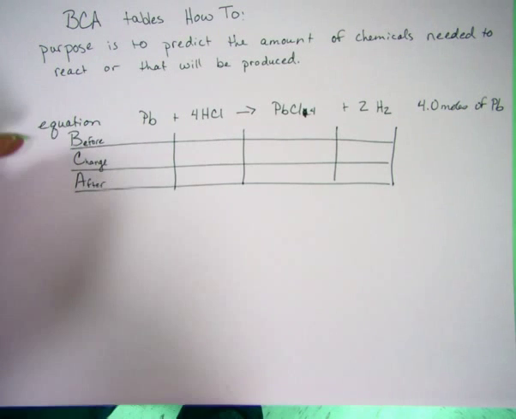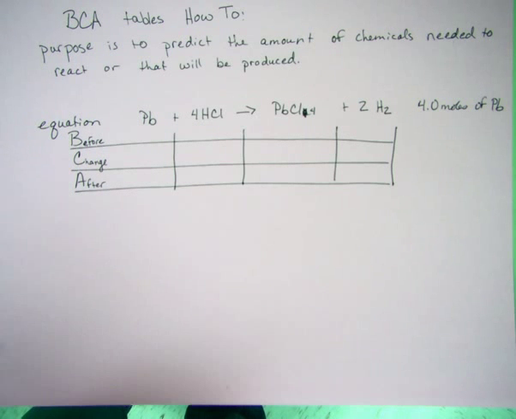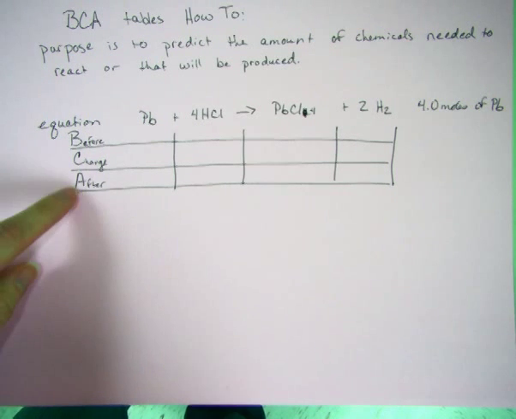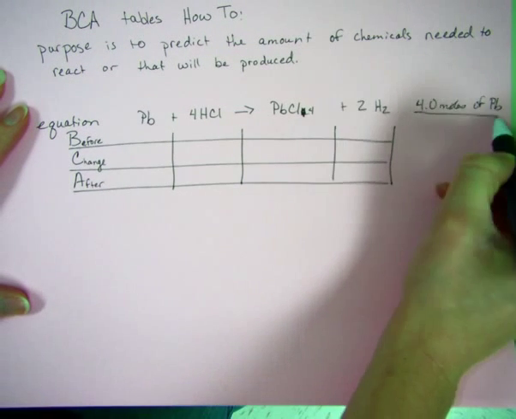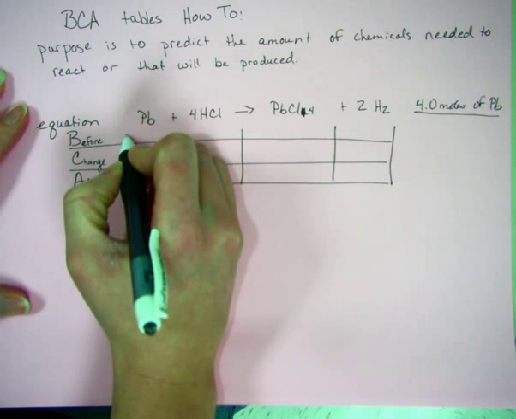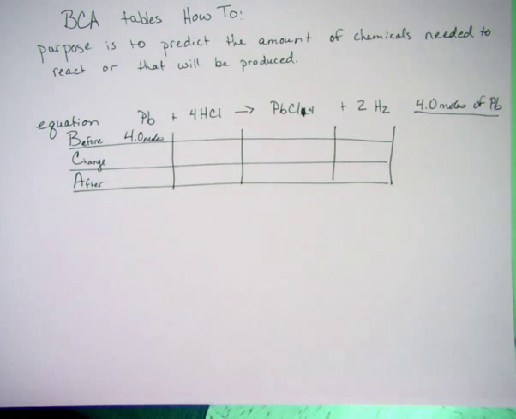So it's before the reaction, what's happening during the reaction, like the change in number of moles and amounts, and then after the reaction. Okay, so before, we know that we have 4.0 moles here.